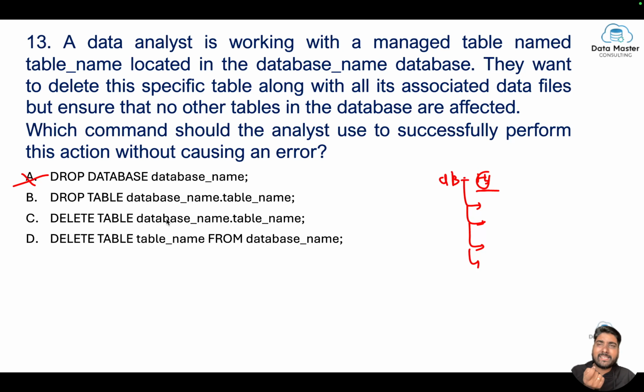Delete is just a transaction which will remove all the records. So option C and D are not correct. The correct answer would be dropping a table, drop table, table name. But we use a two-level namespace here, drop table, database name dot table name.